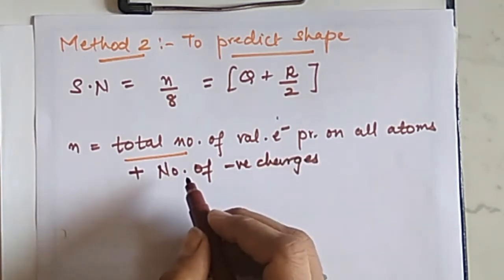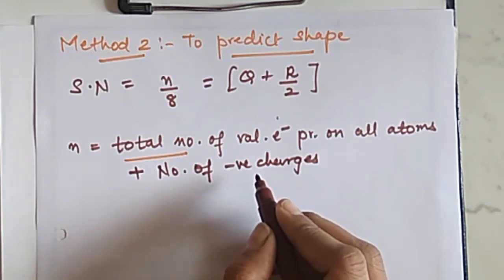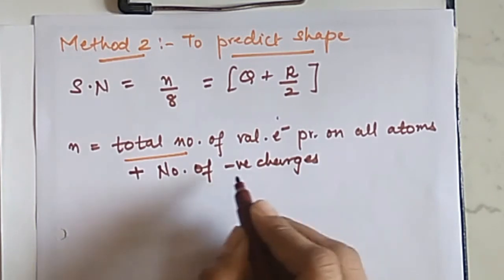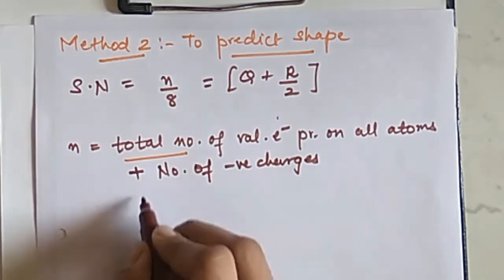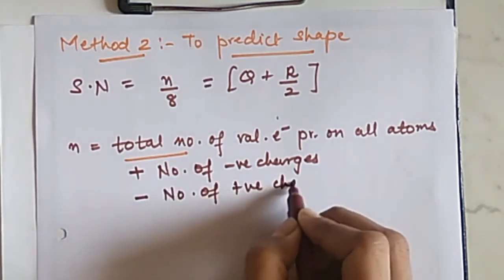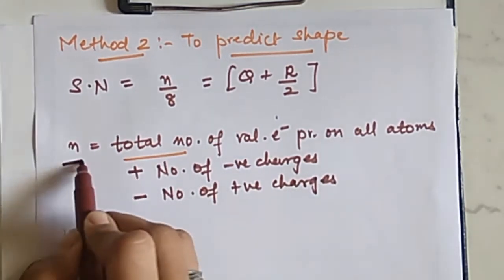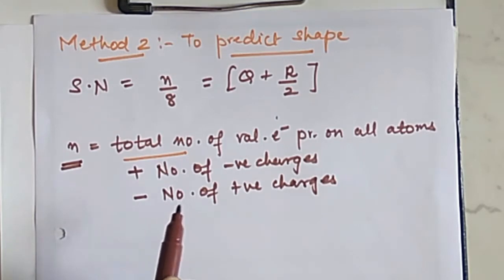That means it is an extra electron present because it is a negative charge, SO3 minus 2. So 2 electrons are extra. So we have to add those 2 electrons, minus the number of positive charges, right? In short, we need the total number of electrons that are present in the given molecule. That gives you the value of n, right?